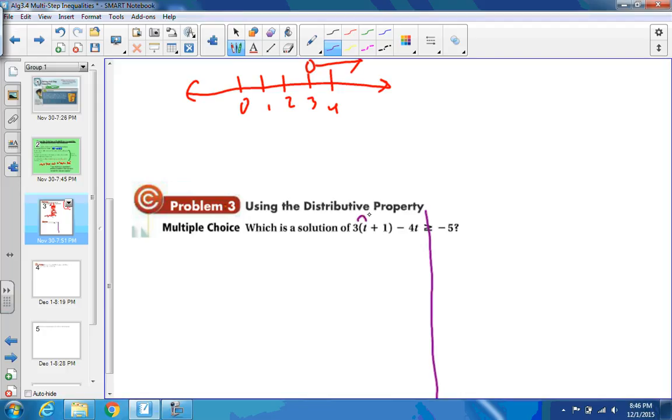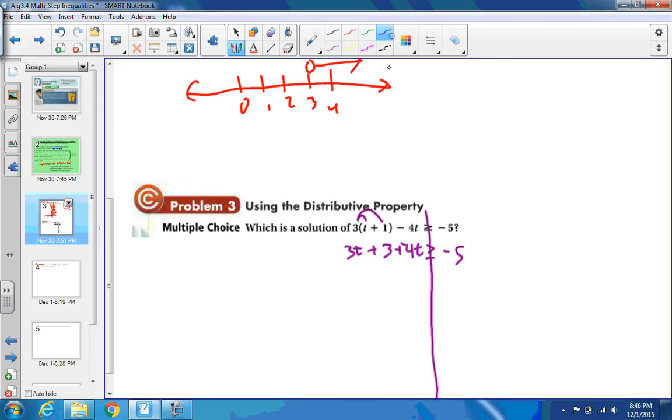So if we distribute the 3 to the t and the 3 to the 1, because that's what's inside of the parentheses, we will have 3t plus 3 times 1 is 3 minus 4t, or plus negative 4t, is greater than or equal to negative 5.